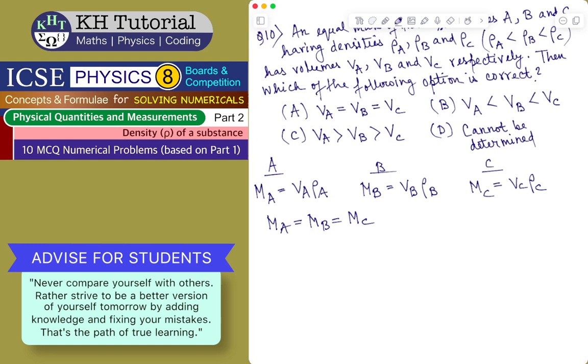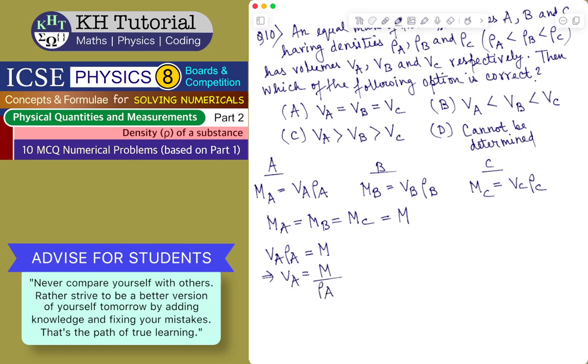Let's say all the masses are equal to M. So I can say that Va multiplied by rho A is equal to M. So from here we can say Va is equal to M divided by rho A.